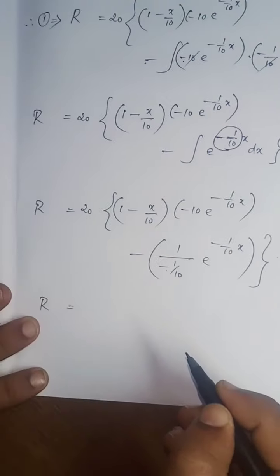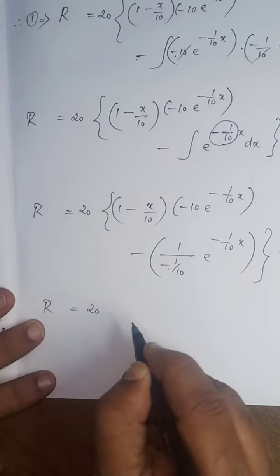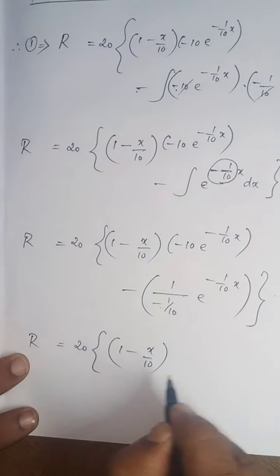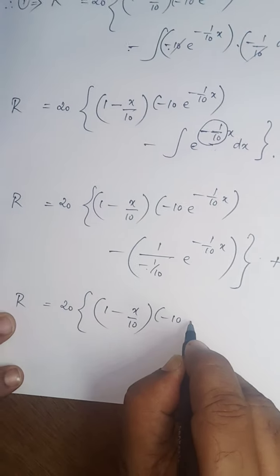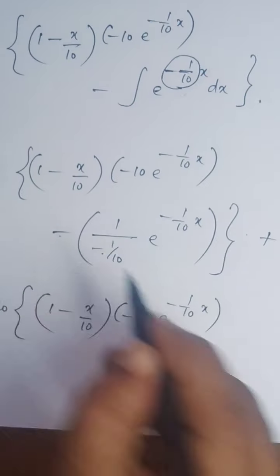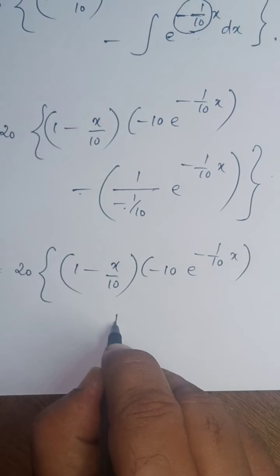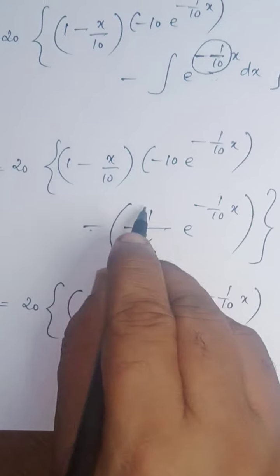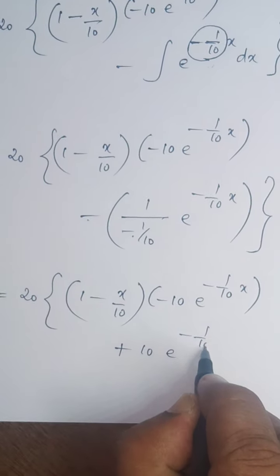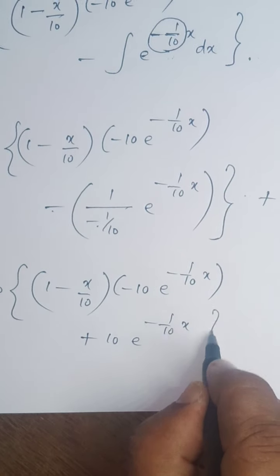R equals 20 into (1 minus x by 10) into minus 10 into e power minus 1 by 10 into x. Minus minus gets cancelled, plus 1 by 10 comes to the numerator, 10 into e power minus 1 by 10 into x plus k.